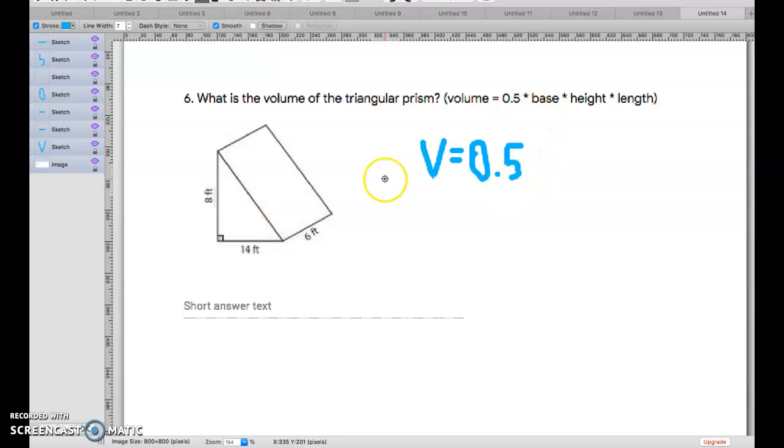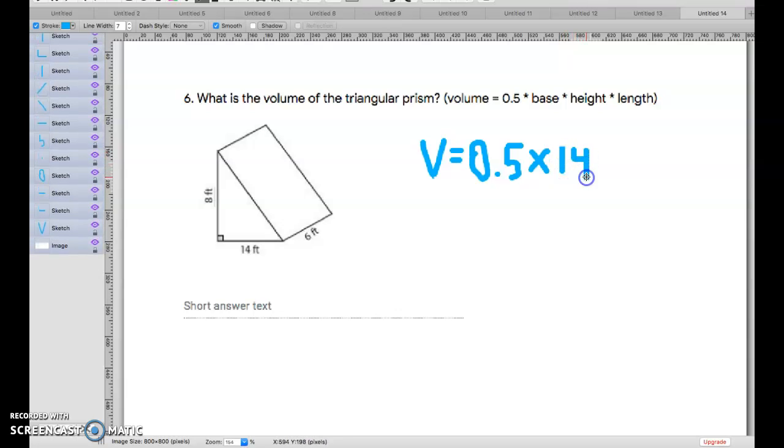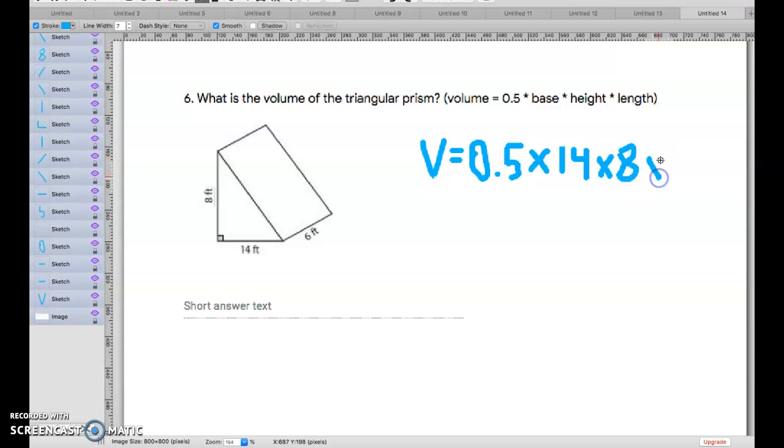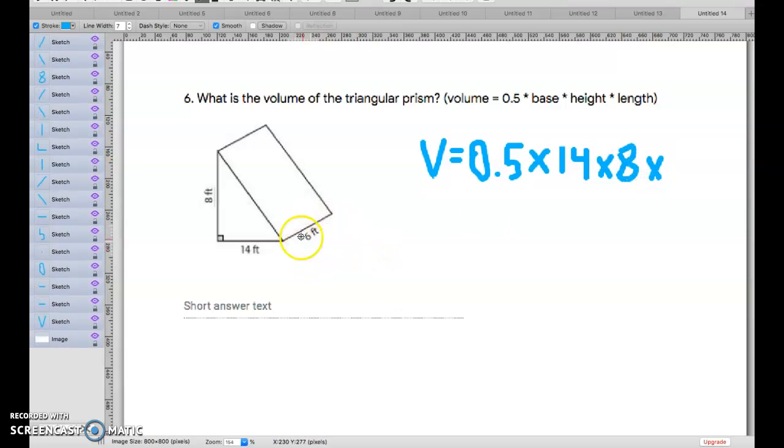0.5 times the base. The base of this triangle is 14, so times 14, times the height of that triangle, which is 8. Right here it says 8. Times the length of that shape. Here's the length, and it's 6.